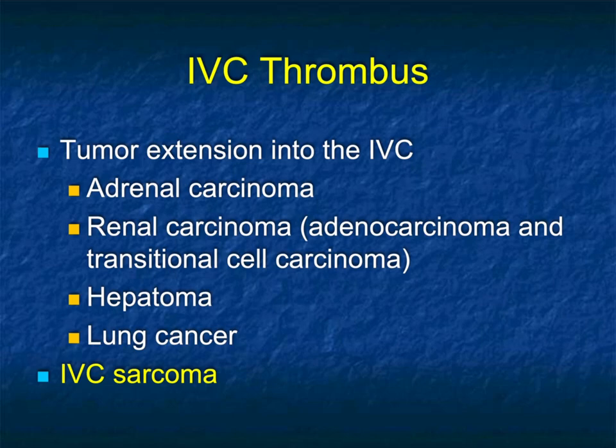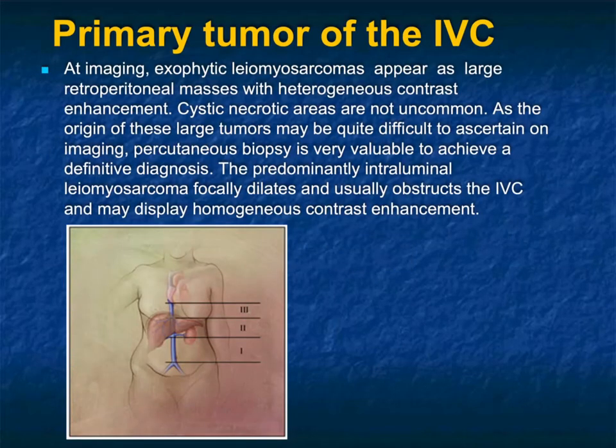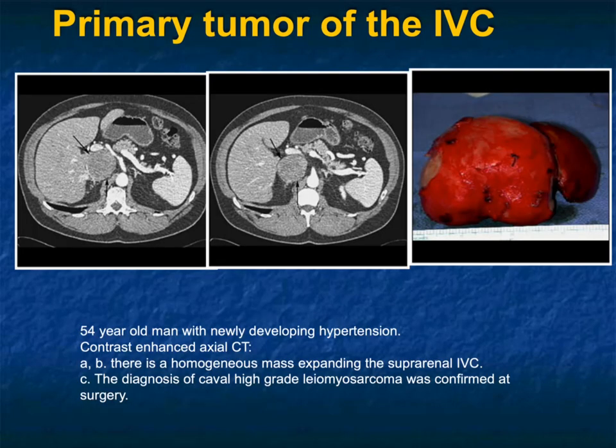Adrenal, renal, hepatoma are the most common ones we think about. Lung cancer also, but that's usually SVC involvement and extension from above downward. And then, of course, there's IVC sarcoma. As we mentioned, the different locations of IVC sarcoma, most commonly segment 1 is the area I'm going to see most of the tumors.